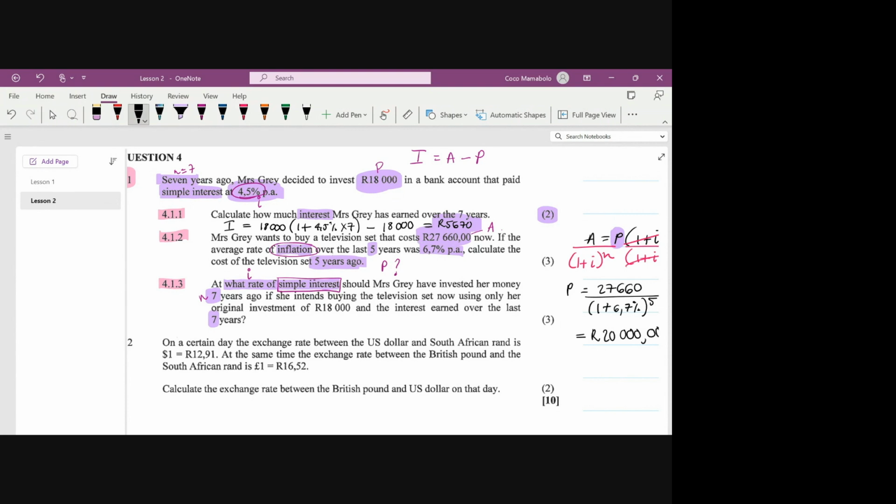So what they're saying is that our P is 18,000. Our A is 27,660. And we want to do this 7 years from now. So we want to know what interest rate we need to put in order for us to end up with the amount that we want when the time comes for us to buy the TV.